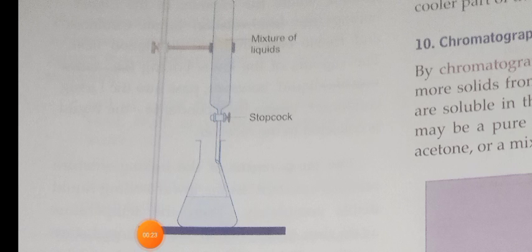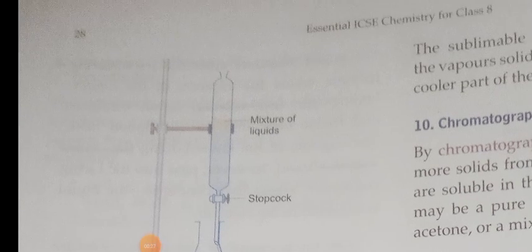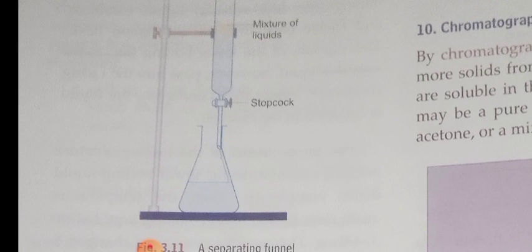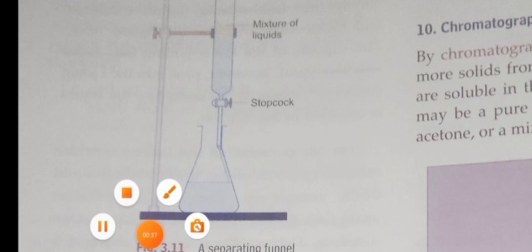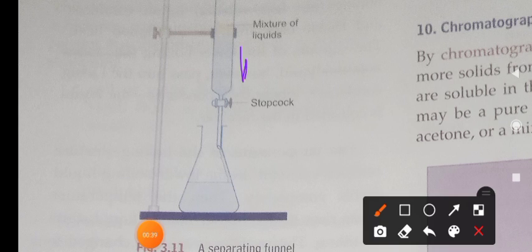We can see the layers of immiscible liquids, isn't it? The liquid which has higher density will stay at the bottom of the funnel. This liquid will be slowly collected in a conical flask until the last drop of the high density liquid is collected in the conical flask.